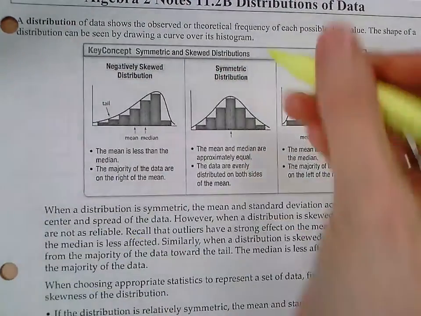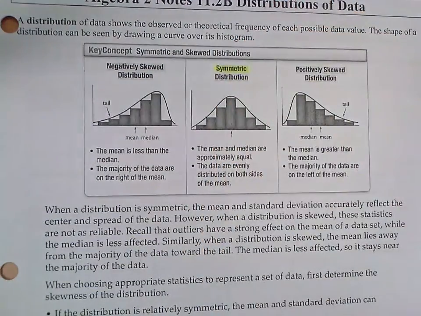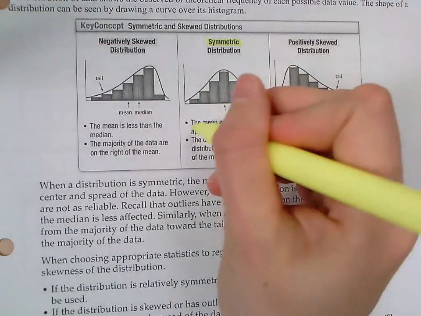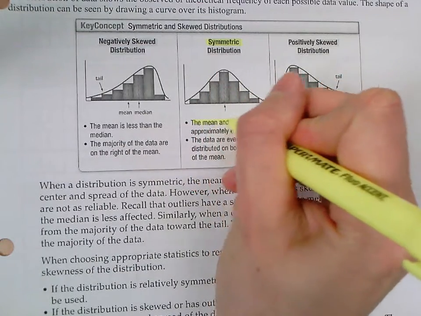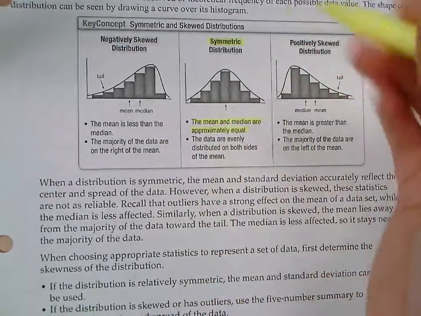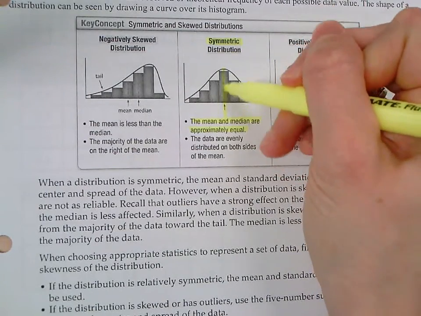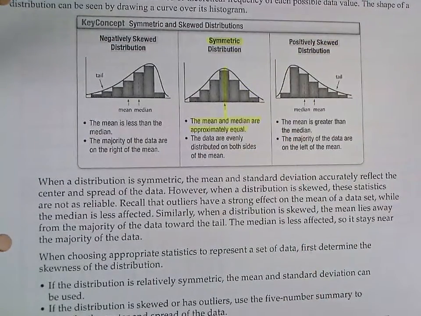I'm going to start with symmetric. A symmetric distribution is where your mean and your median are approximately the same number, and they are approximately in the middle of your data. Again, I'm saying approximately. It might not look exactly like this and can still be symmetric.